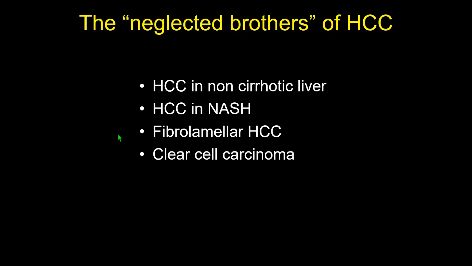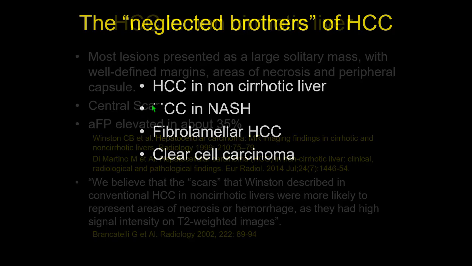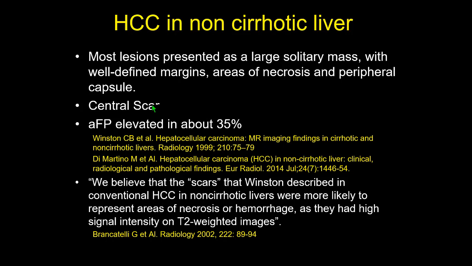Of course, you have fibrolamellar HCC and clear cell carcinoma. So HCC in a non-cirrhotic liver usually is a large solitary mass with well-defined margins, areas of necrosis and a peripheral capsule. Necrosis most often gives a central scar appearance, which is not a typical scar like in FNH, but an area in the central part which has a different behavior than the rest of the liver.